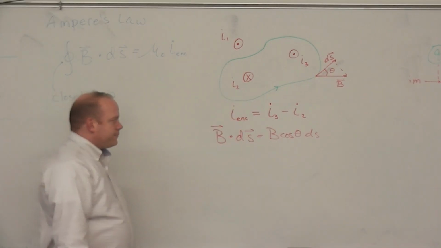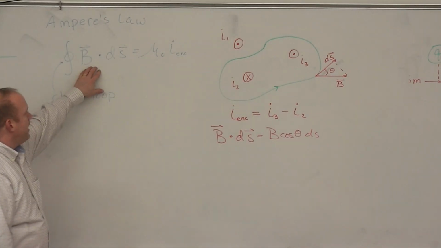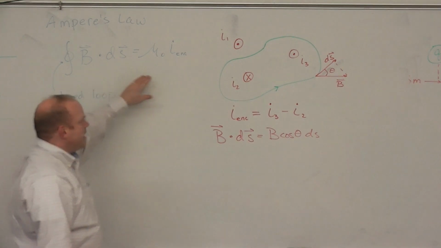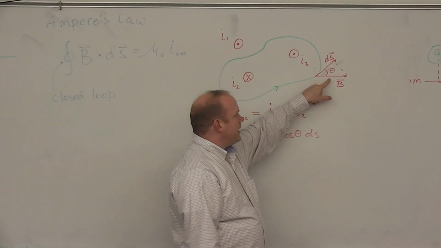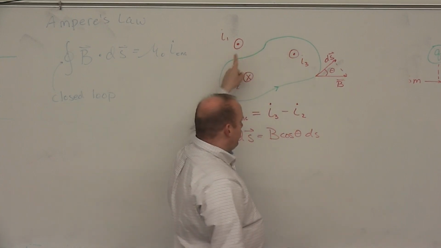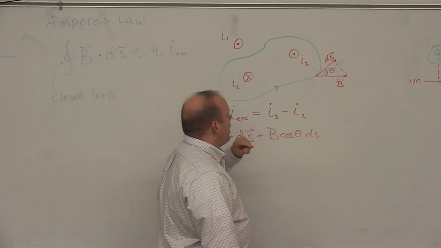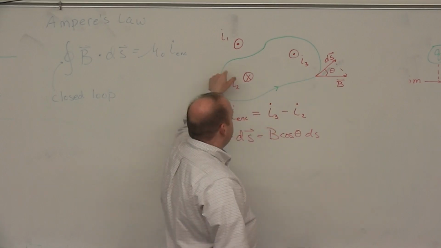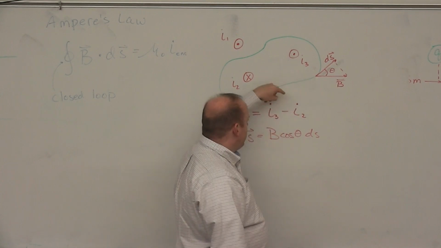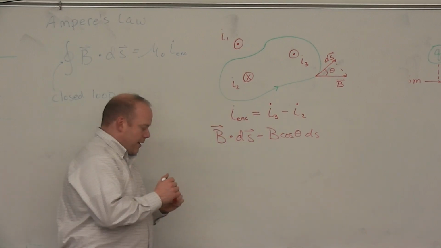So now, when I look back at Ampere's law, B dot ds, B is the direction of the magnetic field at this point. ds is our loop. Dot product gives you the cosine, and the I enclosed is going to be what's inside our Amperian loop.